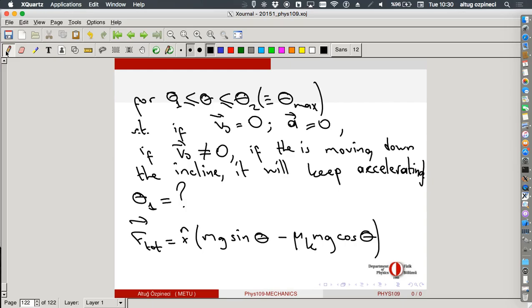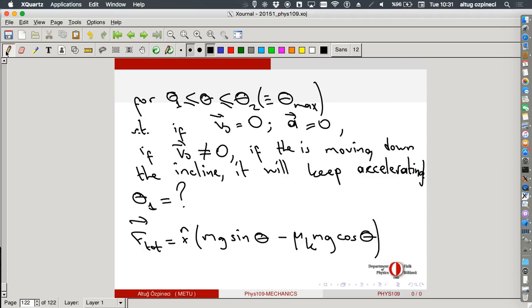Now, if I make the angle a bit smaller, I'm lowering the component of its weight along the incline, so I'm reducing its magnitude. At the same time, I'm increasing the normal force so that the kinetic friction will increase in magnitude. The component of the weight along the incline will be reduced, the friction force will be increased, and there will be a point at which they balance each other. When they balance each other, if I give it a small push, it will just keep moving at constant speed.